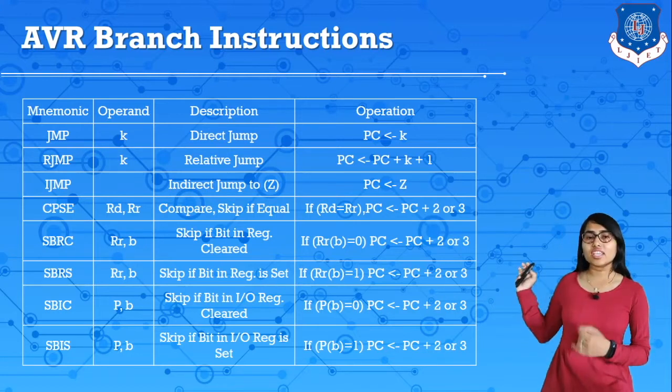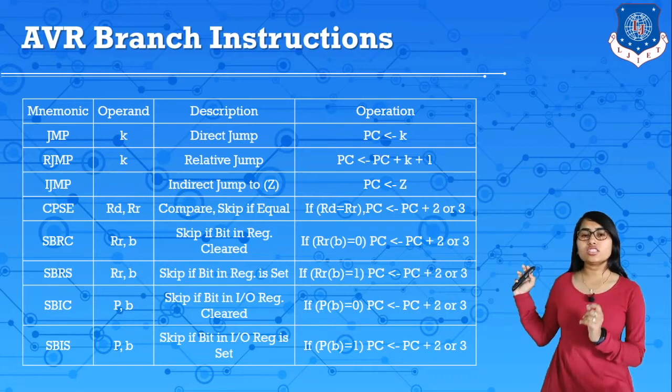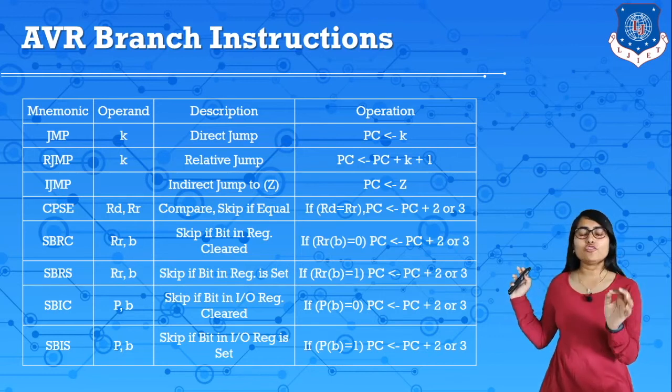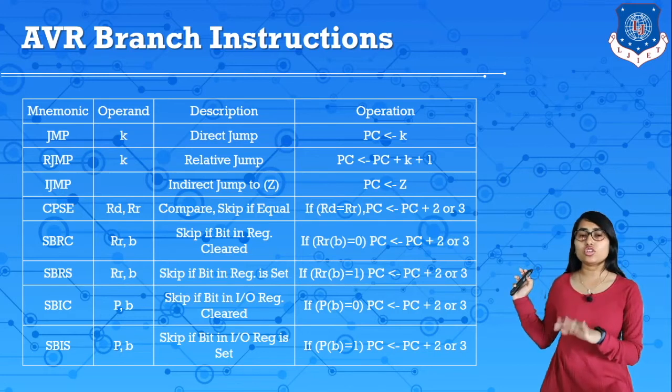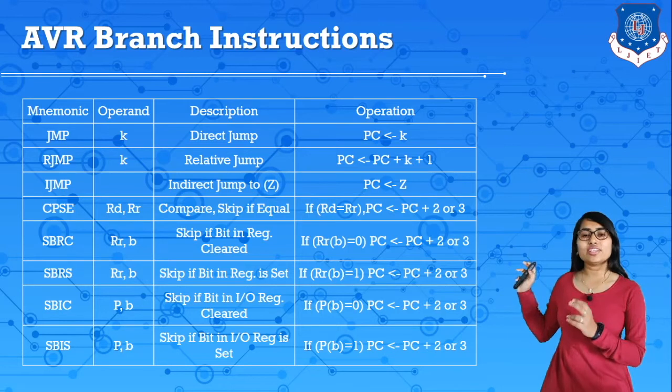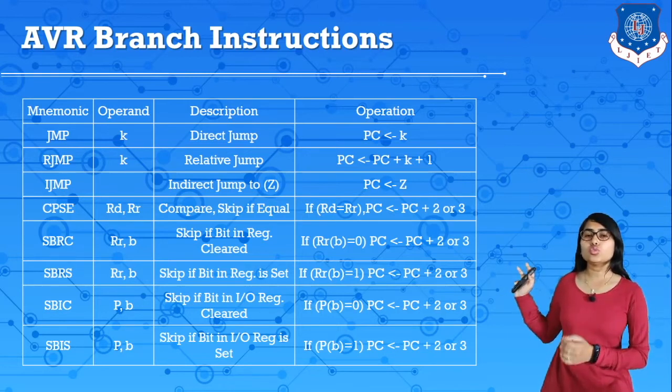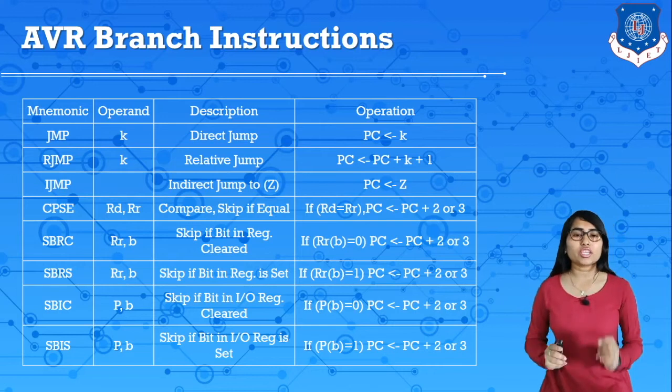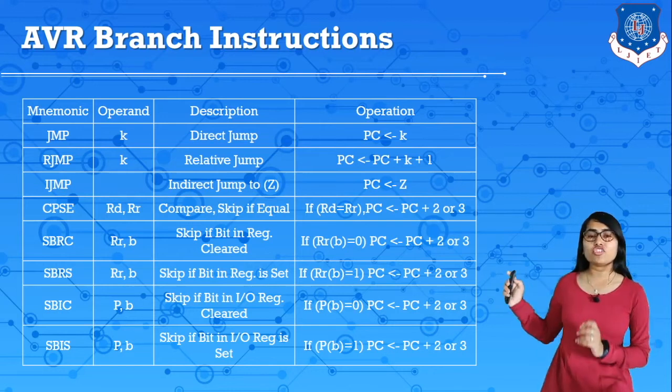So if we use port A and we check the 4th bit, if the 4th bit in port A is equal to 0, then we want to jump. So if A of 4 is equal to 0, then program counter equals program counter plus 2 or 3.